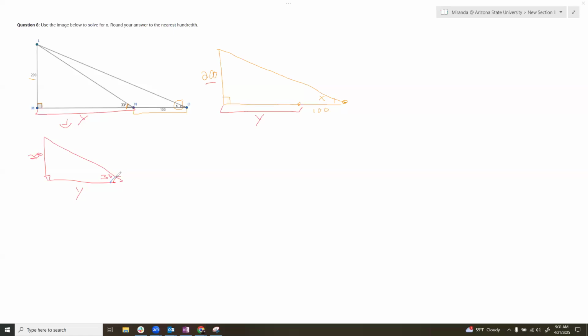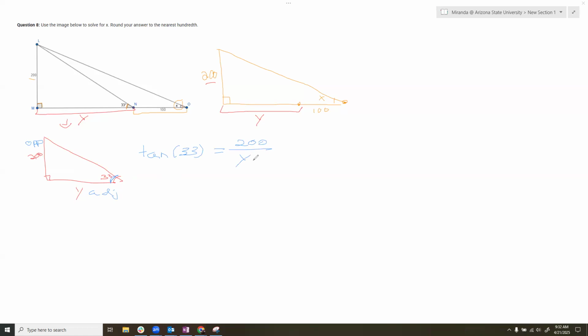As we label according to this 33 reference, our 200 is our opposite and our y is our adjacent. Thinking of sine, cosine, tangent, this would be a tangent function using the opposite and adjacent. Writing that equation, the tangent of 33 is equal to the opposite side, 200, over the adjacent side, y.